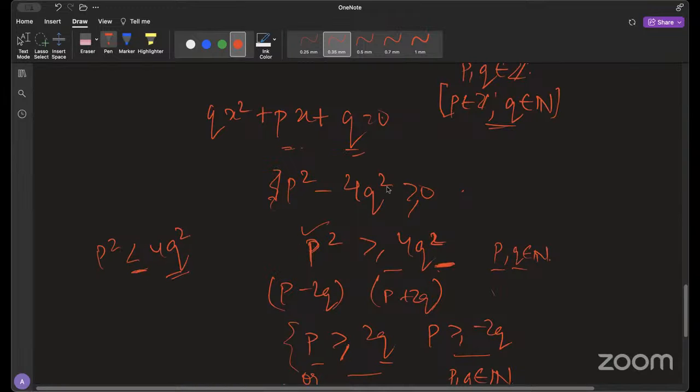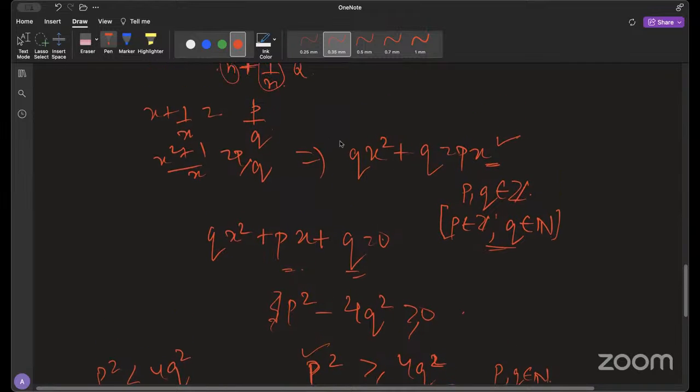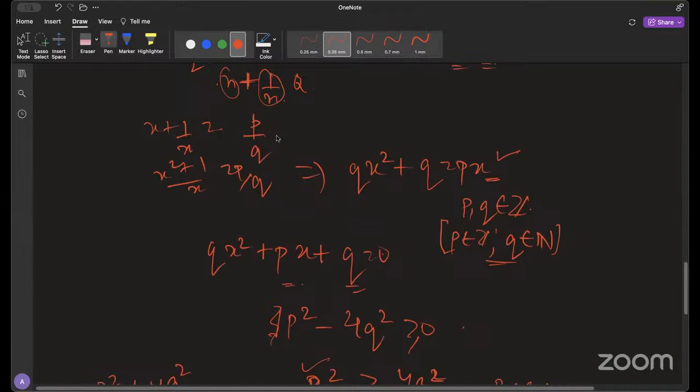For those, you'd have a negative in the square root. The discriminant would be negative and it will lead to a solution that's not real. So all in all, the point is that you cannot cover everything, so it shouldn't be surjective.